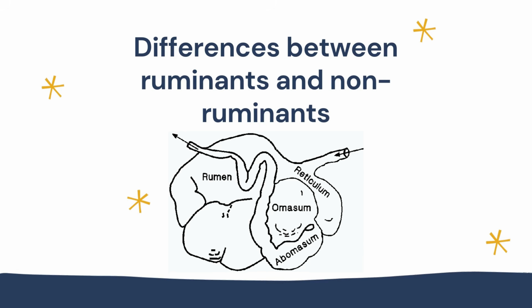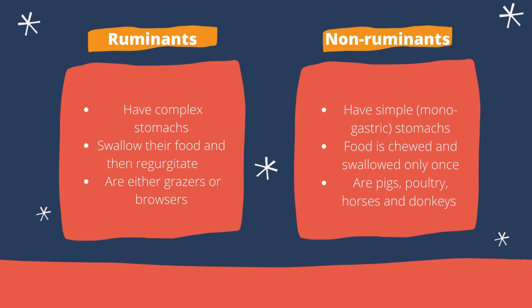So it is important for us to understand it clearly. Ruminants have complex stomachs. They swallow their food and then regurgitate and rechew it repeatedly. This is called chewing the cud. The cud is then re-swallowed and further digested.